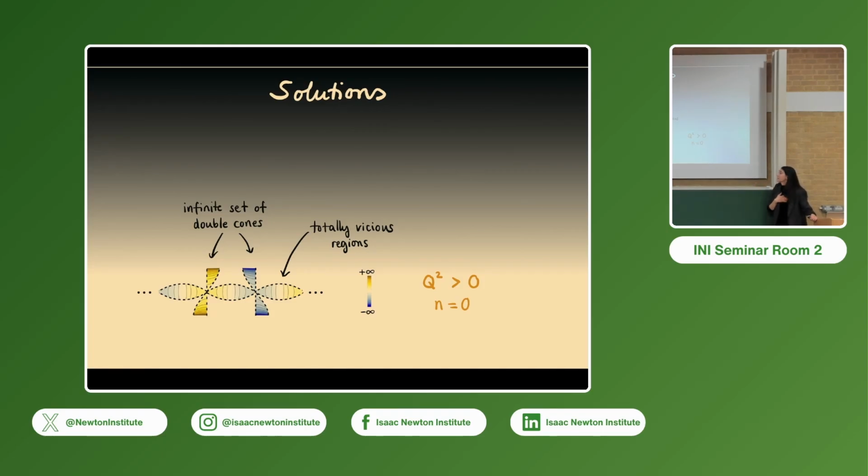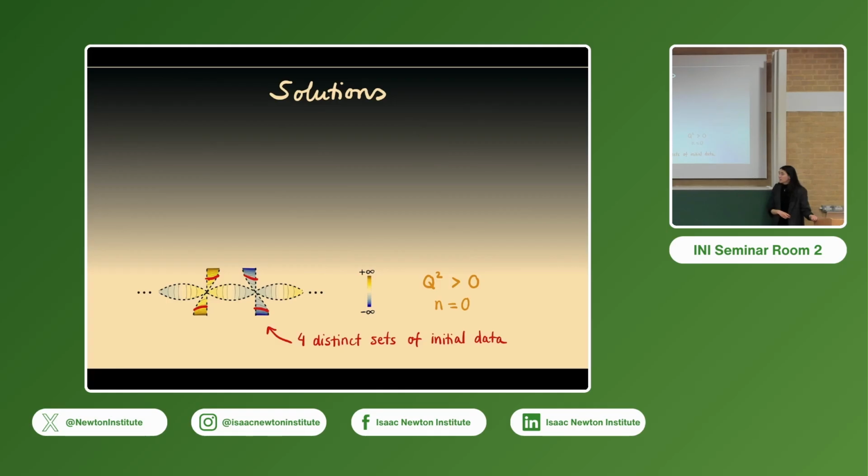I wouldn't personally, but that is certainly a puzzling aspect that challenges global hyperbolicity. And moreover, there's another subtle problem with these: it contains 4 distinct sets of initial data, solutions that have a conical singularity in the past or in the future, and where the dilaton is positive or negative. This is problematic because in our phase space, these are represented by only 2 points.